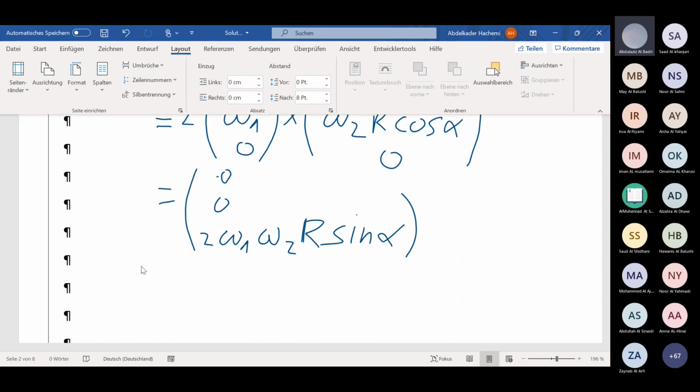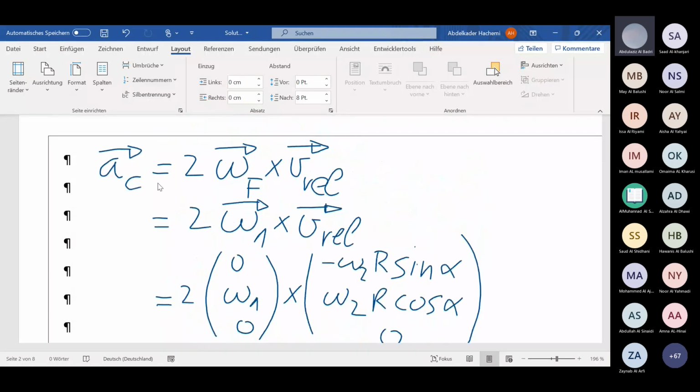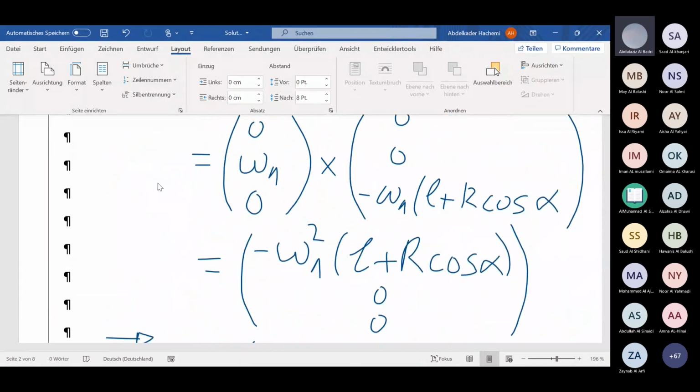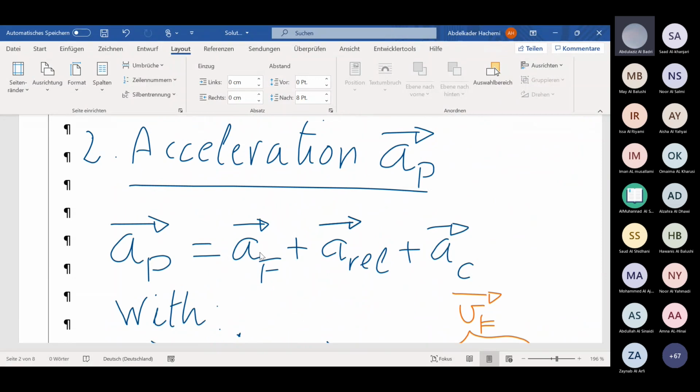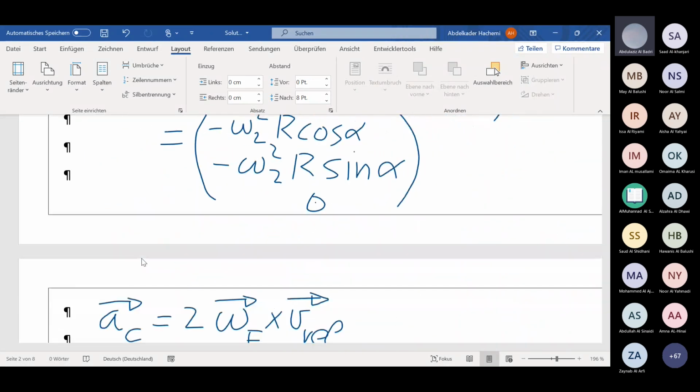This is the expression of the Coriolis acceleration. Then we have only now to make the sum of A F plus A relative plus A C, and we will get the acceleration of the point P.